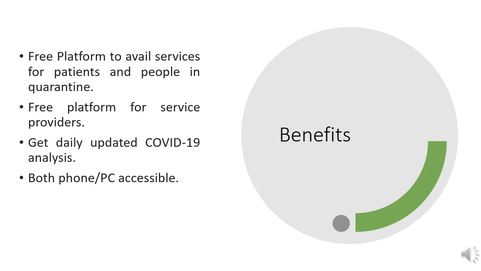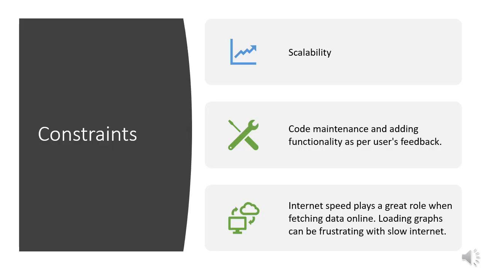The constraints of our project are scalability, code maintenance, and internet speed of the end user. In case of scalability, our project is deployed on the Azure cloud, so there are far fewer chances of crashes and failures, but that can only be determined when we make our website available to the public. As time goes on, the code needs to be maintained properly because there can be bugs which pop up after the deployment of the website.